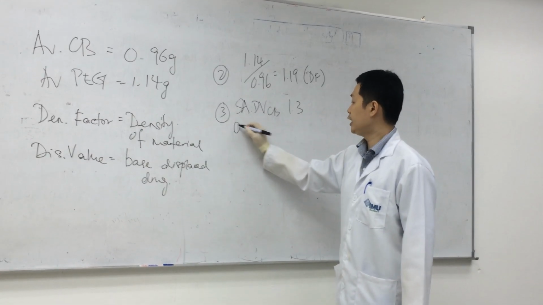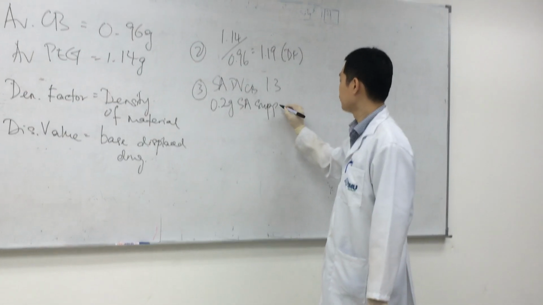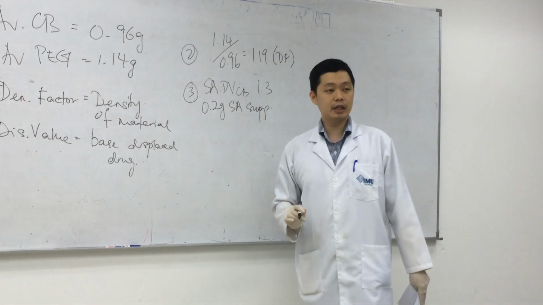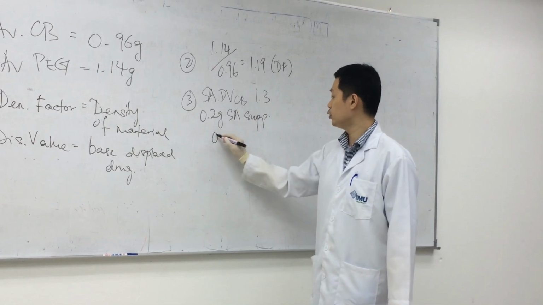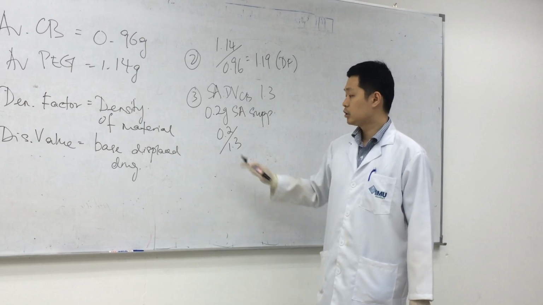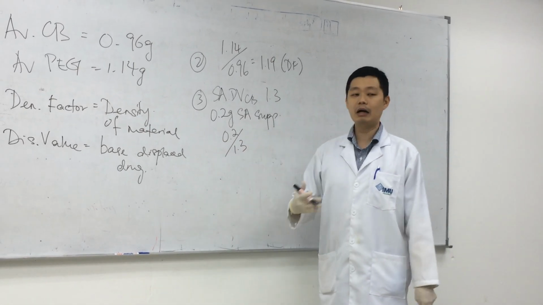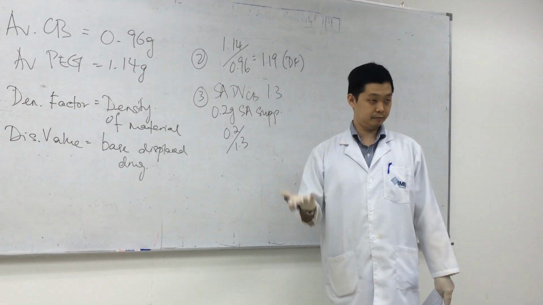Now you are going to prepare 0.2 gram salicylic acid suppository. To calculate the amount displaced, you should use 0.2 divided by 1.3. This answer will tell you the amount of cocoa butter displaced.